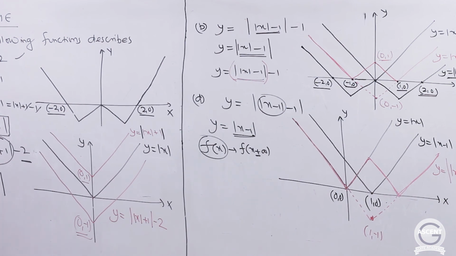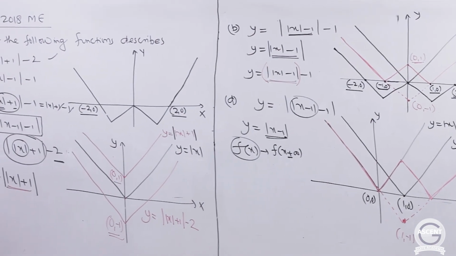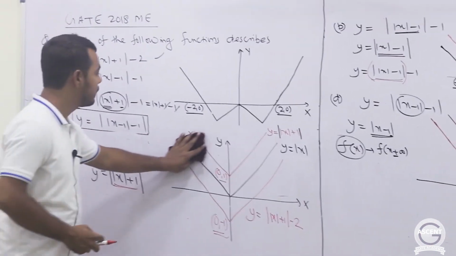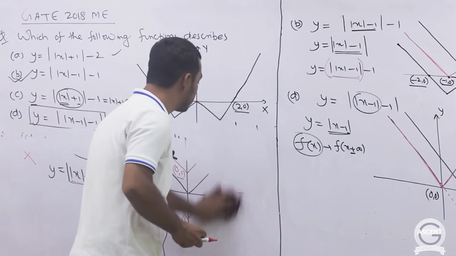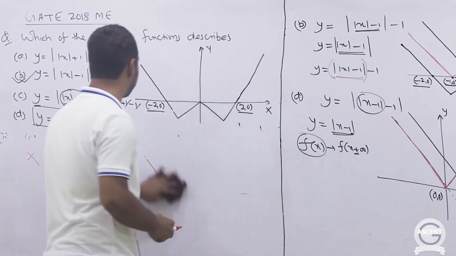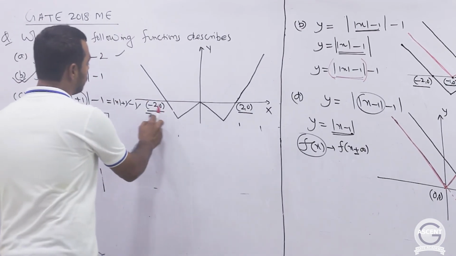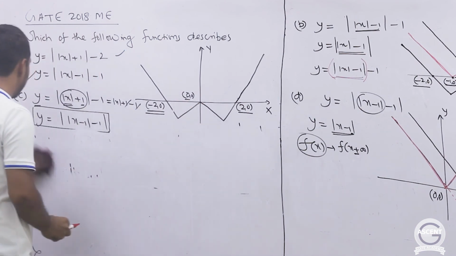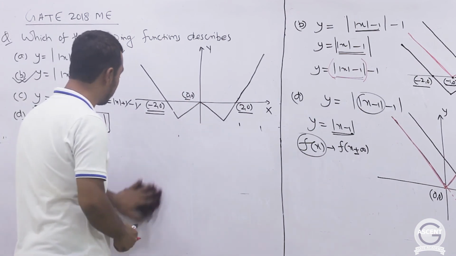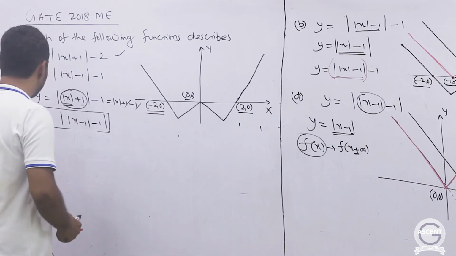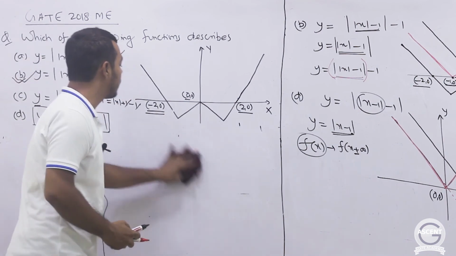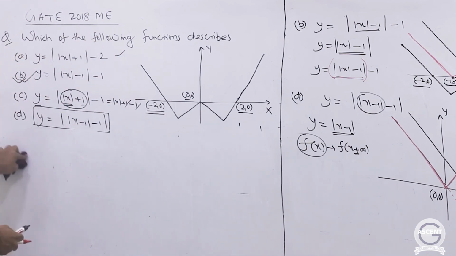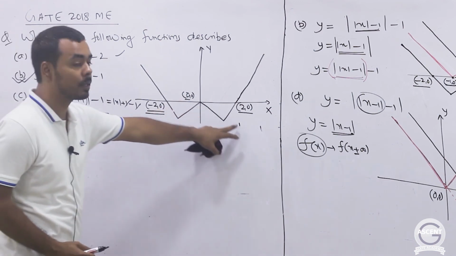But there is another method of solving these type of problem, and that second method is based on eliminating the options. Okay, we know that there are 3 points minus 2 0, 0 0 and 2 0 lying on this given graph. So now we are going to check which one of these 4 functions is satisfying the coordinates of all these 3 points.